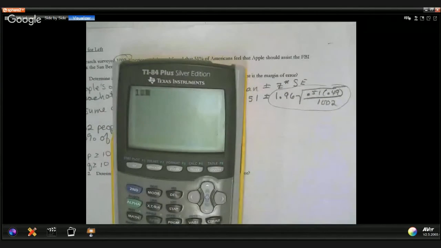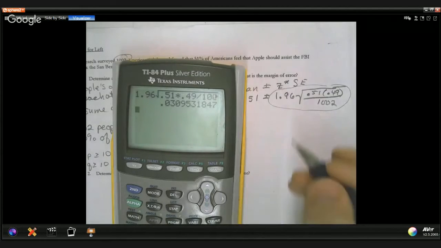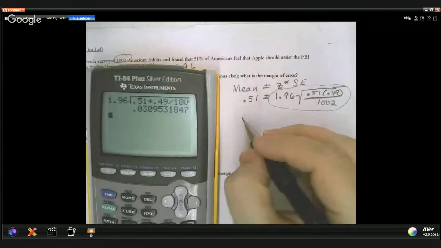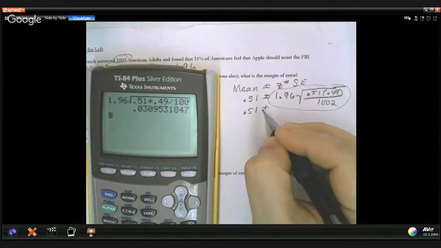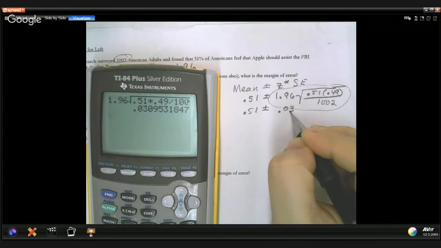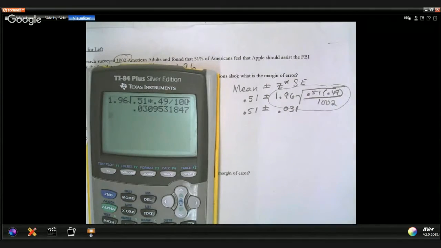So 1.96 square root of 0.51 times 0.49 divided by 1,002. And if you notice, I'm still underneath the square root, so this is going to work. So it's going to be 0.51 plus or minus 0.0309. So I'm going to say that's 0.031.